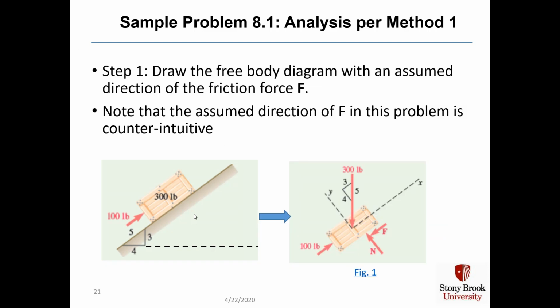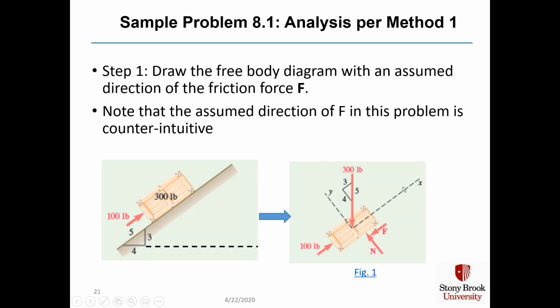In step 1, we draw the free body diagram with the assumed direction of F, and as noted, this is somewhat counterintuitive, and if we get it wrong, then F will be going up and to the right. Here's our 300-pound weight, which does go vertical with gravity.